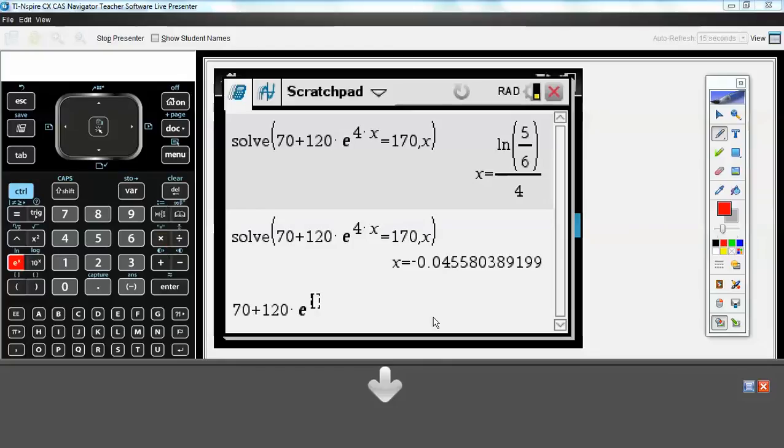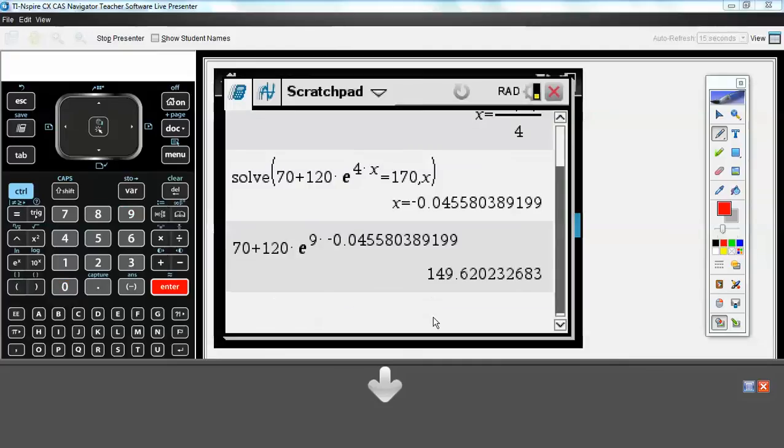Since you're just gonna do that this one time, don't forget the negative, you gotta type in that. And I would type in 45803, whatever, yeah, type them all in.